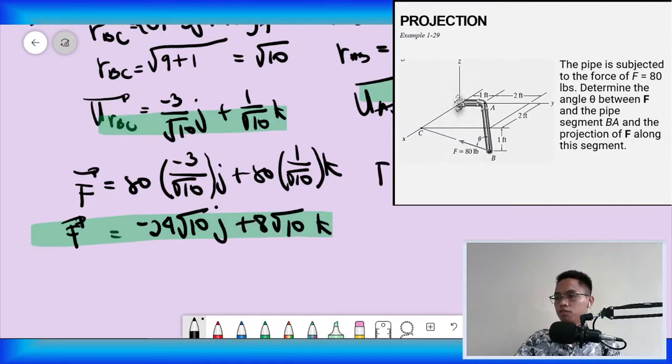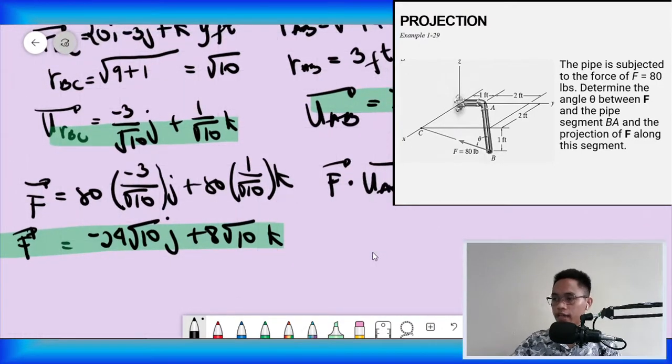the dot product of your F and then UAB is just equal to multiplying all the i components. In this case, negative 2 over 3, plus all the j components, that's negative 2 over 3 and negative 24 square root of 10. There is no more ijk, because that's a scalar.